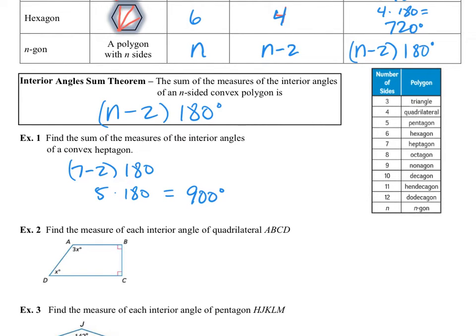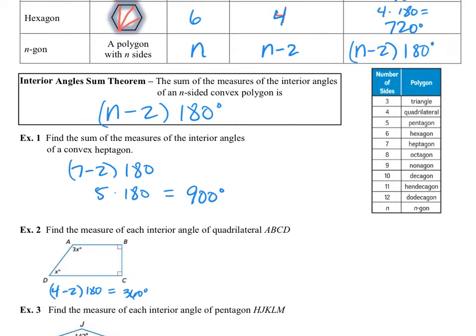So to find A and D, those measures, we need to figure out what x is. So to find x, we need to write an equation. Well, since this polygon has 1, 2, 3, 4 sides, I know that the sum of the interior angles would be 4 minus 2 times 180, which turns out to be 360 degrees. So I know that all 4 angles total 360 degrees.